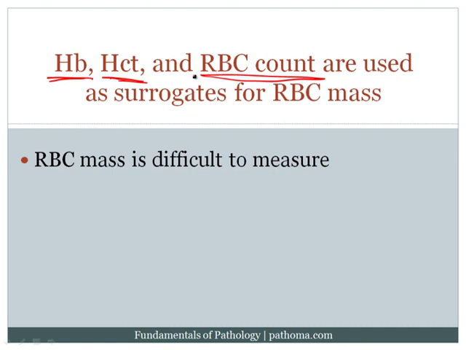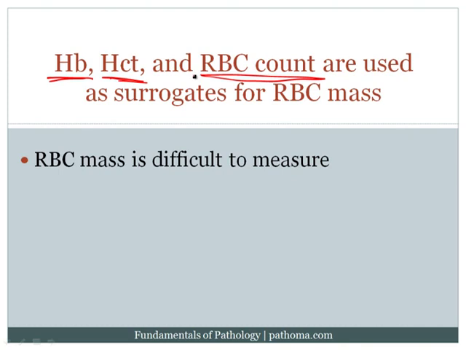Another example, just to again highlight this principle, let's say a patient gets a gunshot wound. They're obviously going to bleed out both red blood cells and fluid. And so immediately after the gunshot wound, when there's blood loss, the patient's hemoglobin and hematocrit would be normal. What's going to show you that there was actually blood loss is that when the patient eventually gets fluid back into their system, that's going to dilute down the remaining red blood cells, and then that will result in a decrease in the hemoglobin and hematocrit.